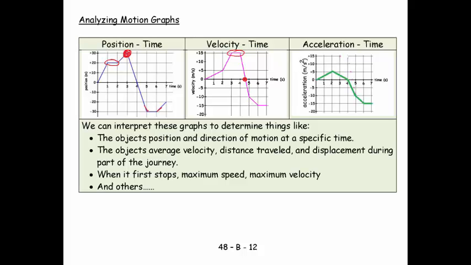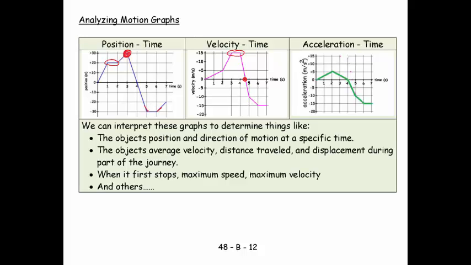Can you see that these graphs take practice so that you interpret each graph the correct way? It's easy to apply the rules for a position versus time graph to a velocity versus time graph and misinterpret the graph.